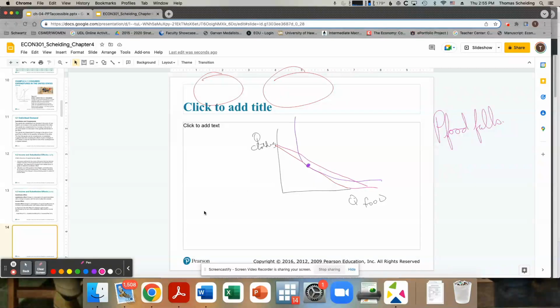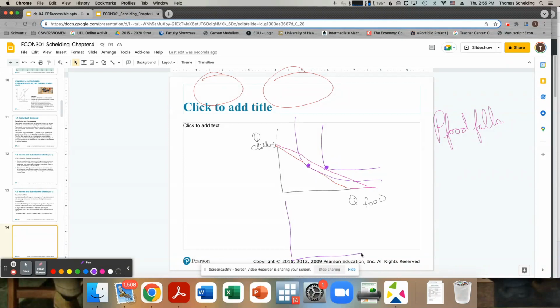And now we know that if we just did this, we'd be on a higher indifference curve and I would consume more food. All is great in the world.